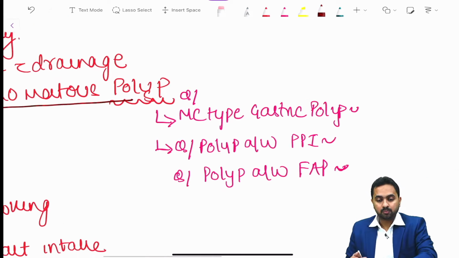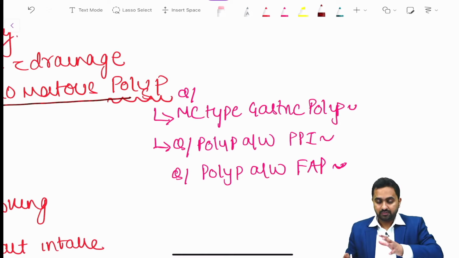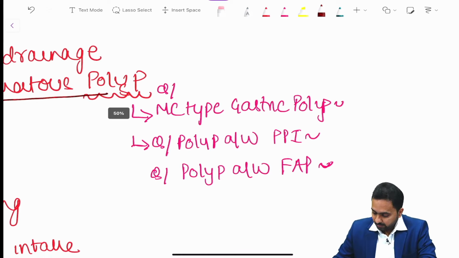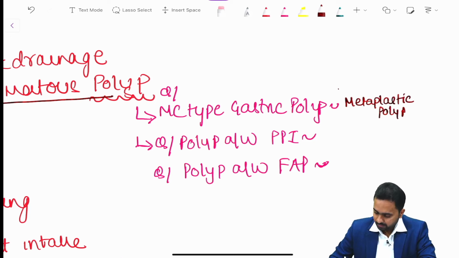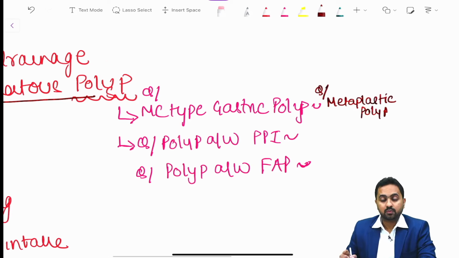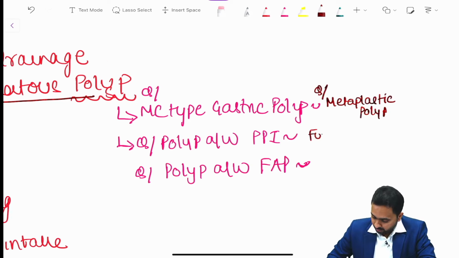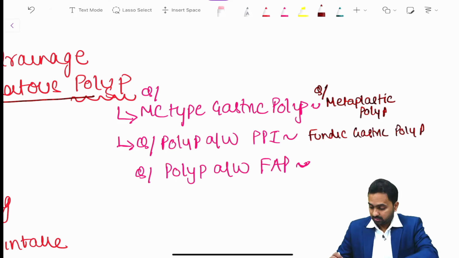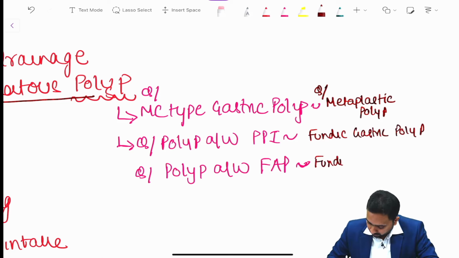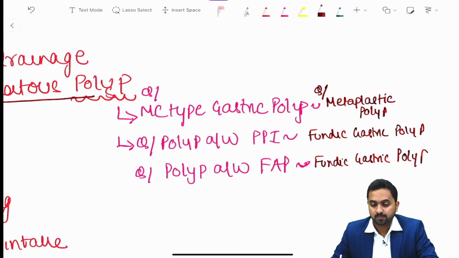Now, with respect to polyp, a very short topic which we would discuss is that the most common type of gastric polyp is the metaplastic polyp. The polyp associated with proton pump inhibitors is the fundic gastric polyp, and the polyp associated with familial adenomatous polyposis is also the fundic gastric polyp.